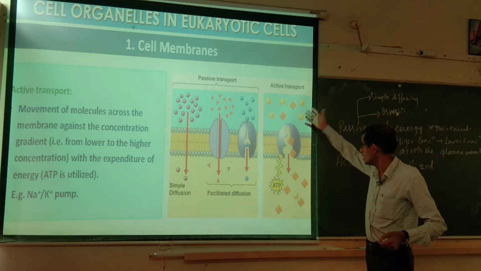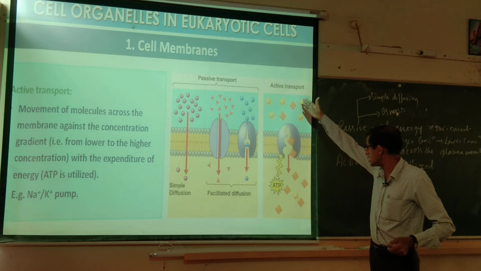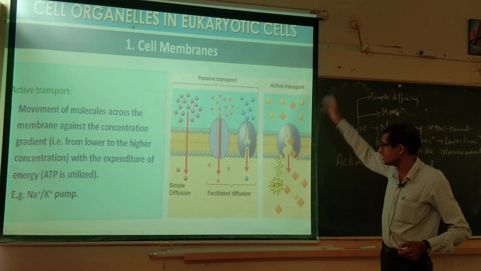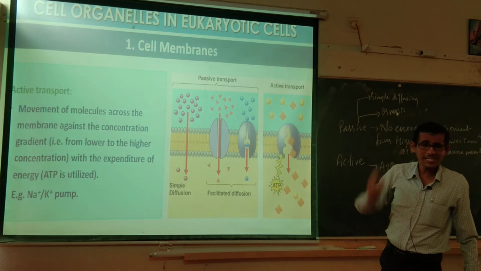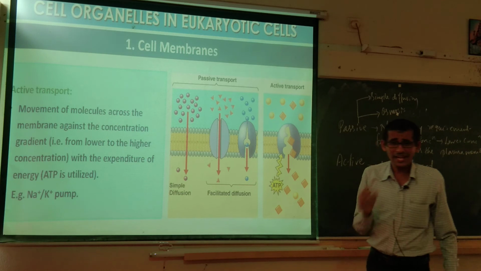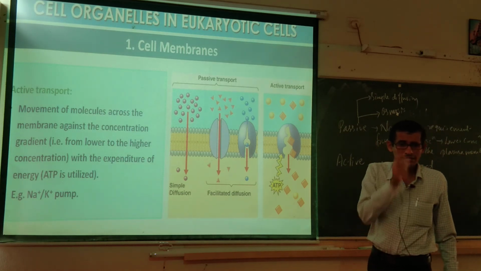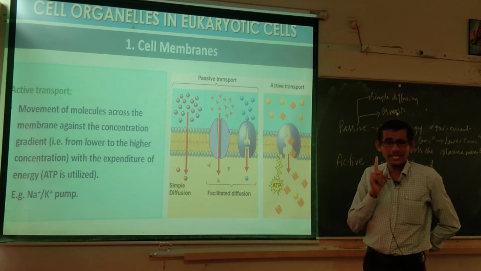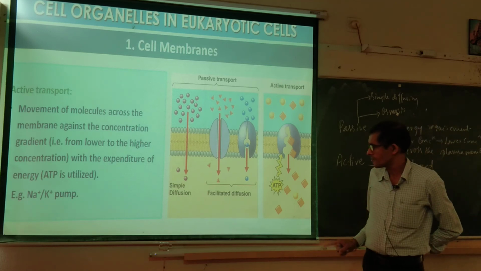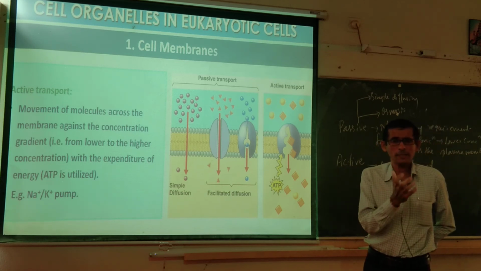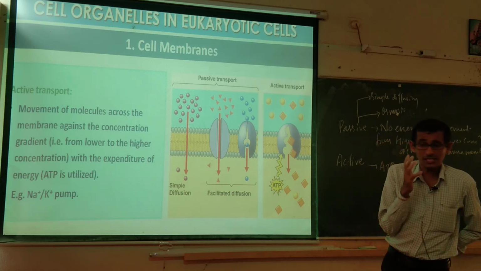From lower to higher concentration level, against the concentration gradient across the membrane, the transport of molecules will be there with the expenditure of energy. Energy is ATP, adenosine triphosphate, the energy currency molecule. In what form is energy stored? It is stored in the form of ATP, adenosine triphosphate.